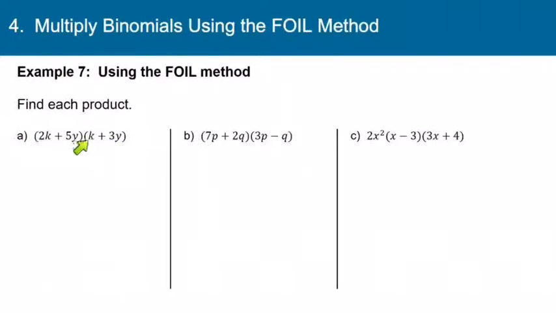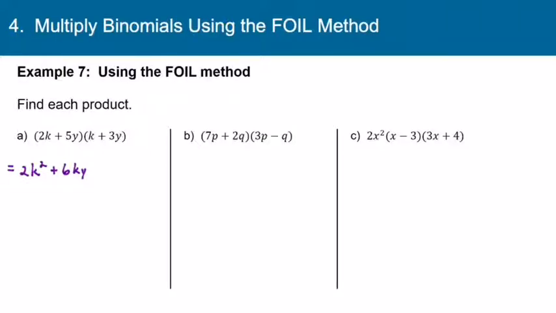And so first times first would be 2k times k, that's 2k squared. Outer times outer would be 2k times 3y, that's going to be 6ky. Inner times inner is going to be 5y times k. Now you might be tempted to write plus 5yk here, and that would not be wrong, but I want to encourage you that when you have two variables, always try to keep the variables in the same order in each term.